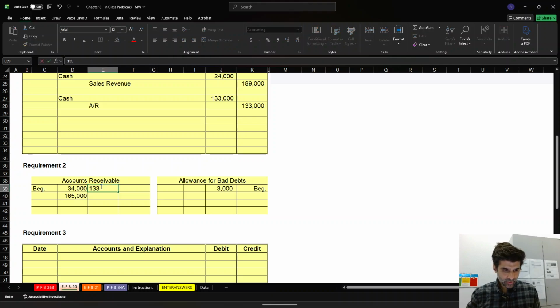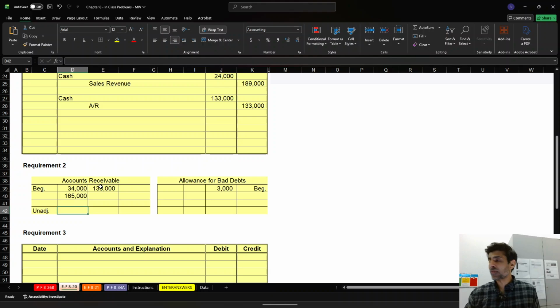So I put this here. And now this is my unadjusted balance, because remember, we're going to do an adjusting entry for allowance for bad debt. But right now, our unadjusted balance at the end of the month is 66,000.